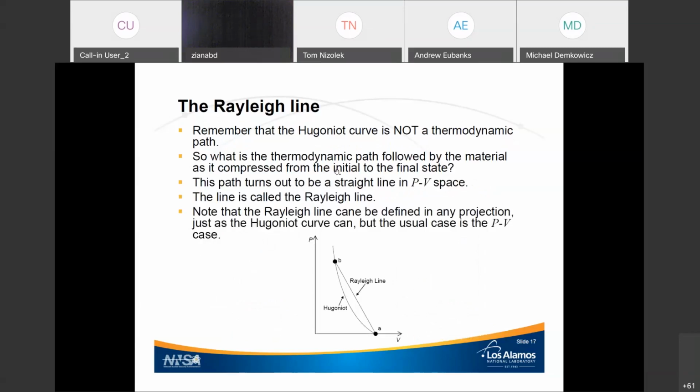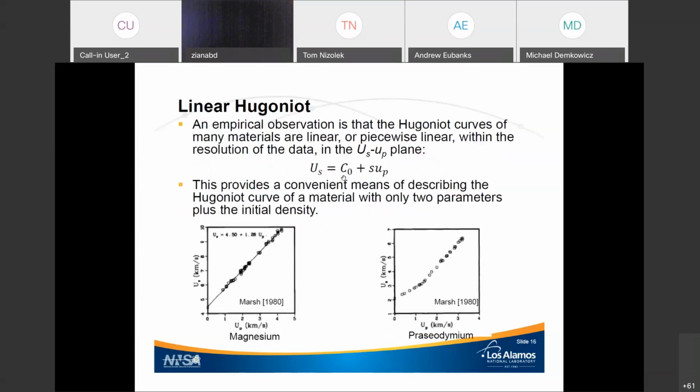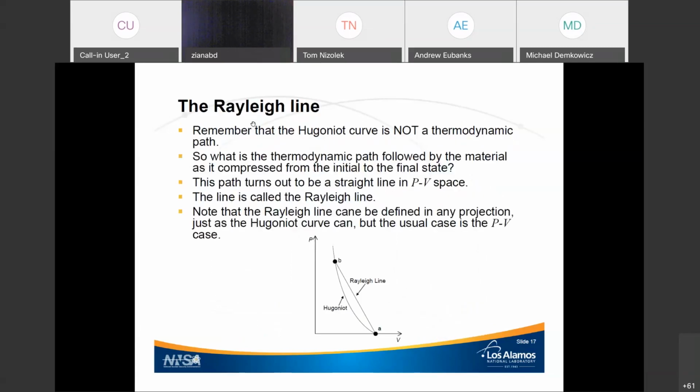Now, if the Hugoniot isn't the path, what is? It's the Rayleigh line. And remember that I noted a few slides back that the equations indicated that the path taken by the material in pressure volume space during a shock wave is a straight line.